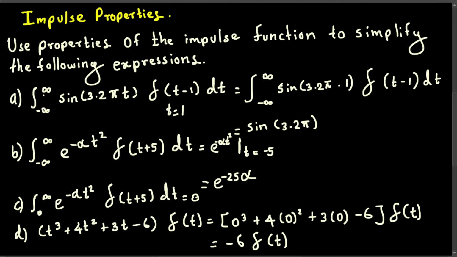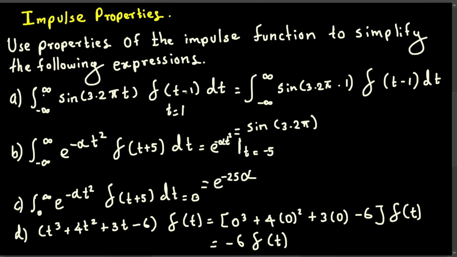Here, what we do is the shift remains the same, except anywhere else we have t, we have to put this shift number here. Like if the shift is t equal to 1, we have to plug it in for t. If we don't have any shift, if we have t alone, it means the time is 0, so the whole thing becomes sine 0.